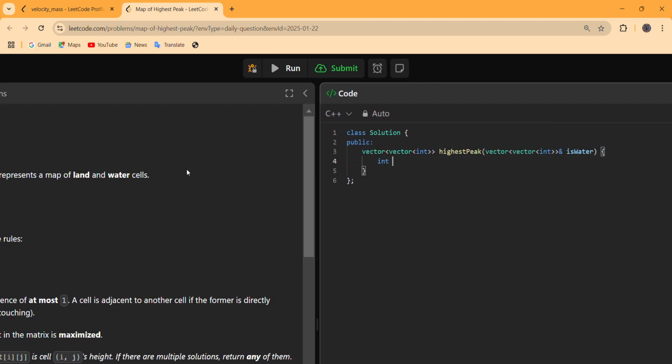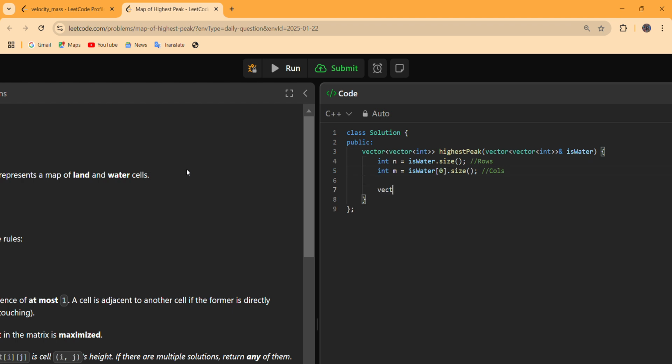First, let's take the size of the input matrix, which is this: rows and this is columns.